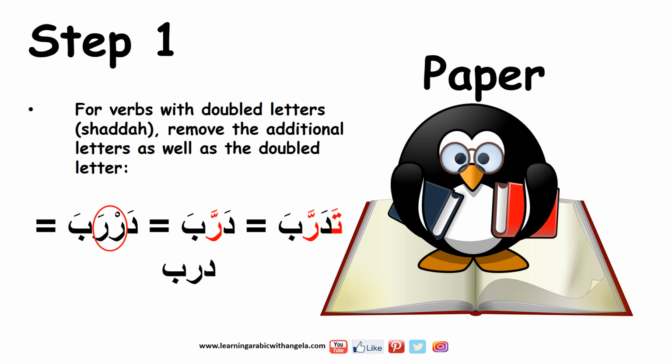We have to remove the ta at the beginning, as well as the doubled ra letter. If you notice, it's درب in the past, and it's da, ra, ba. So we have 2 ra's in there. So we have to remove one of them to get the root, which is da, ra, ba.